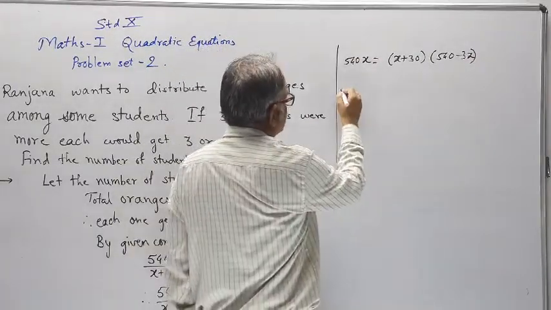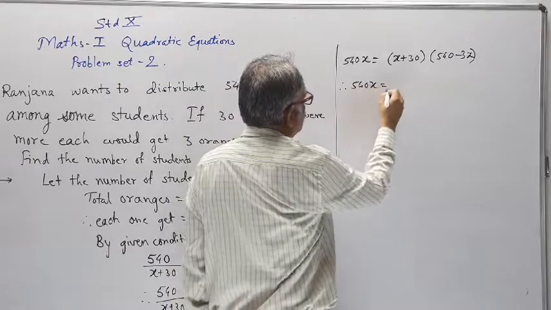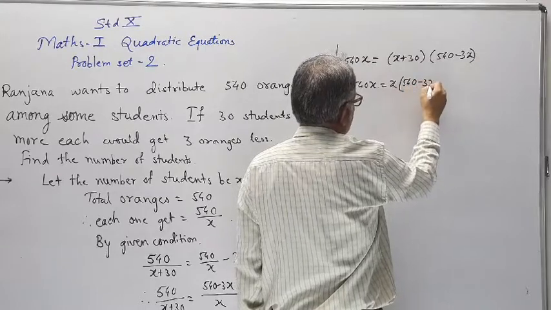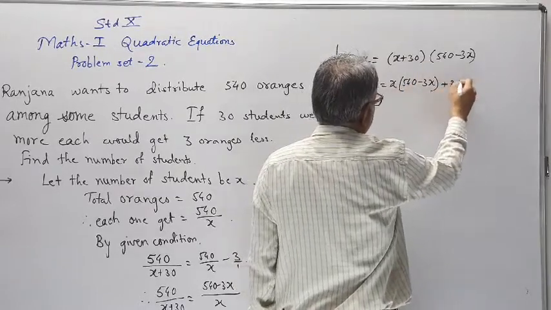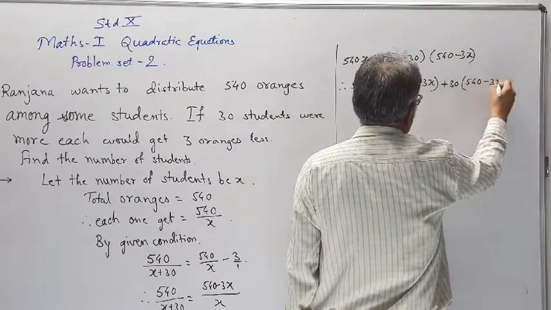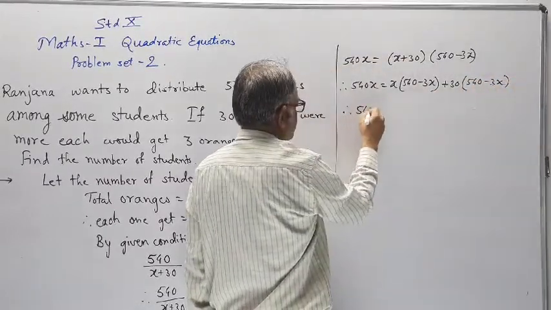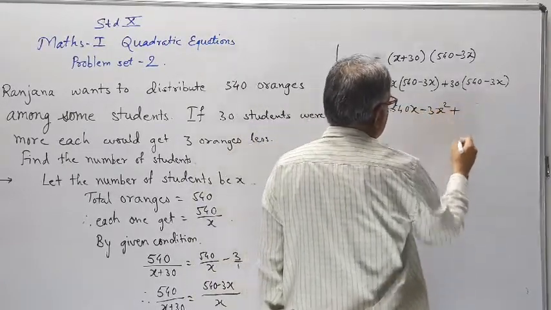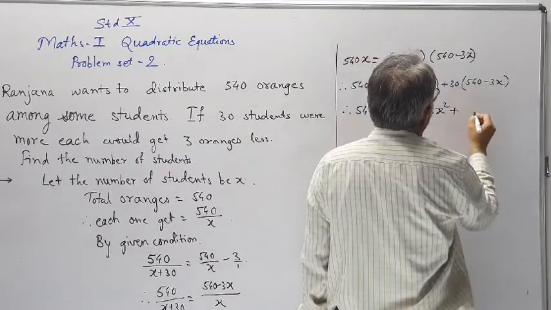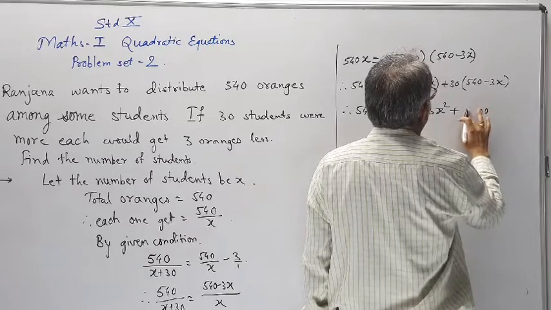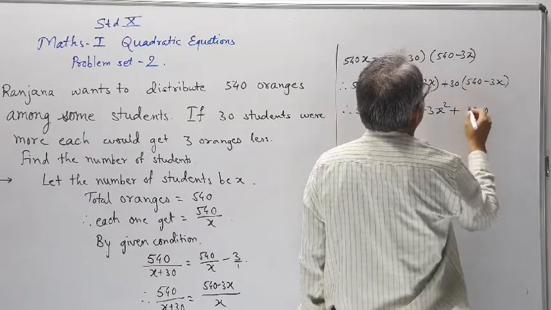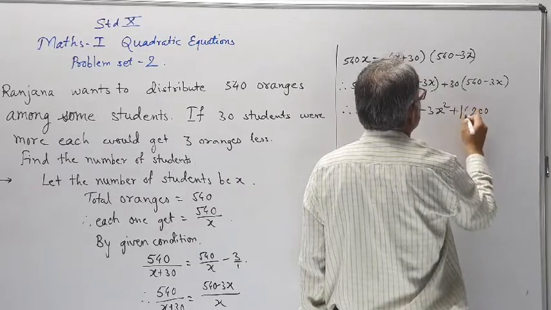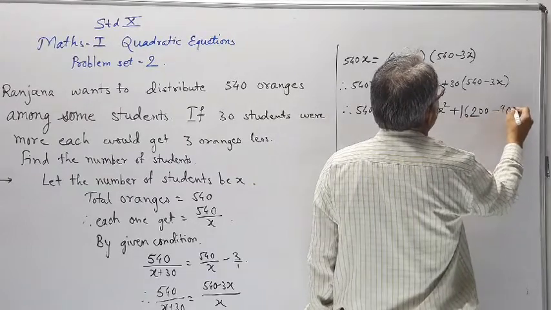Now we have to solve this. 540x equal to x, the first term, into the second bracket, plus the second term of the first bracket into the second bracket. 540x equal to 540x minus 3x square plus, you have to do this big product, 2 zeros, 3 into 4 is 12, 3 5s are 15 and 1 from 12 is 16, 16200 minus 90x, 3 30s are 90.